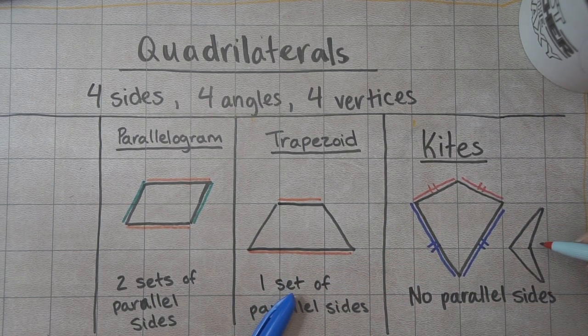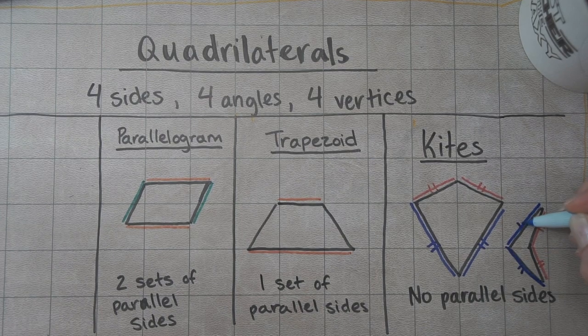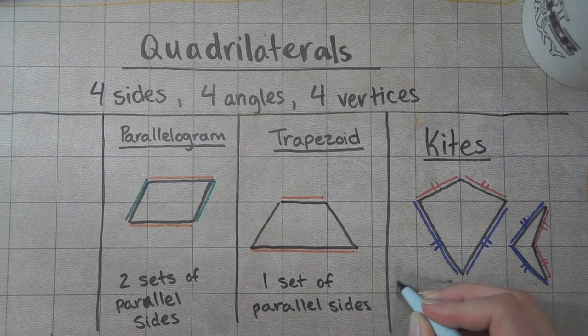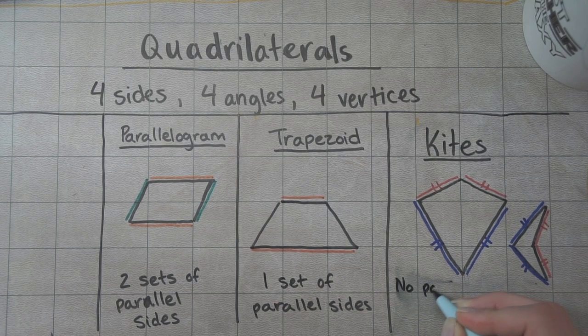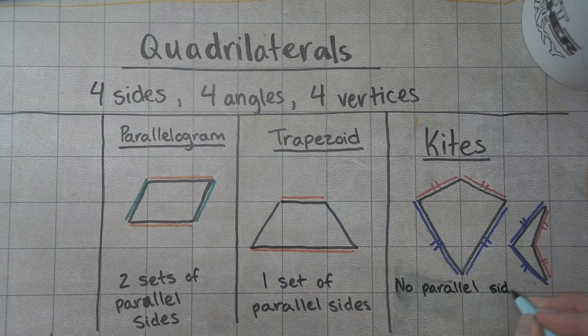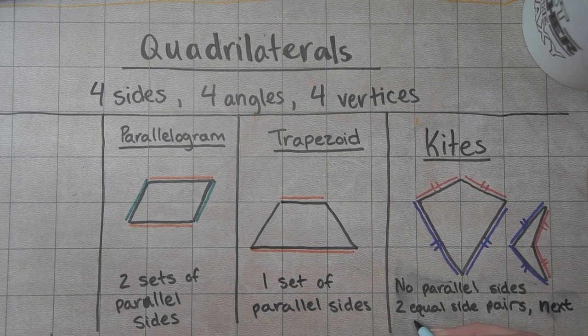But it has two pairs of equal sides that are touching each other. So to review, a kite has no parallel sides. But it has two equal side pairs that are next to each other.